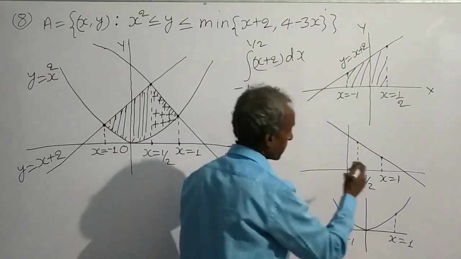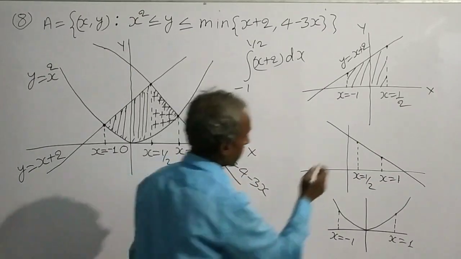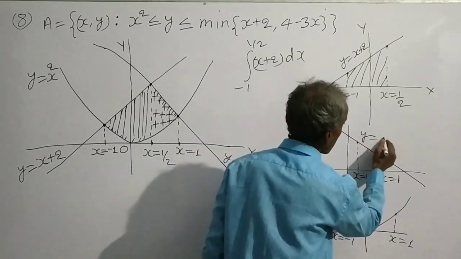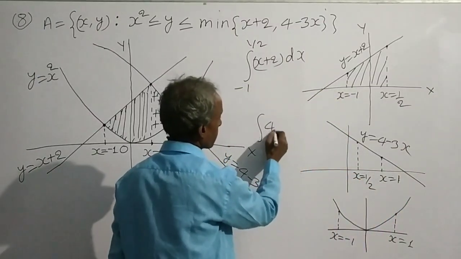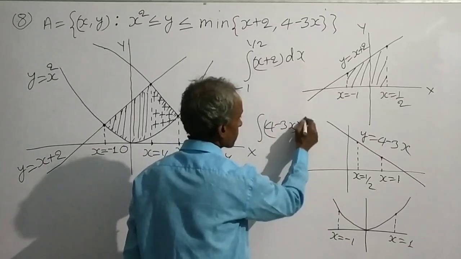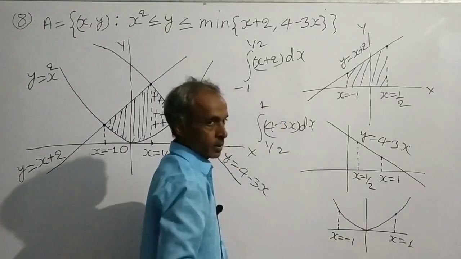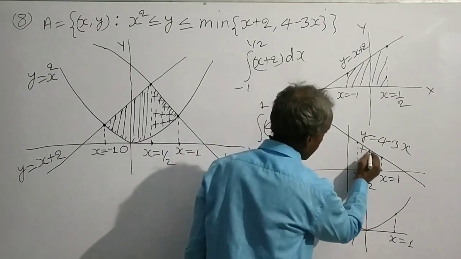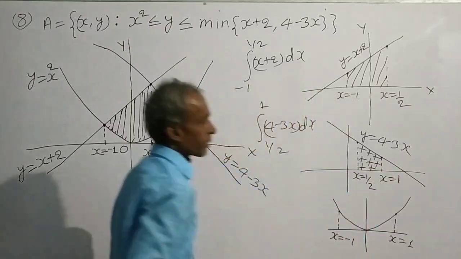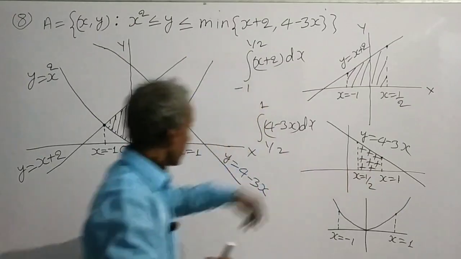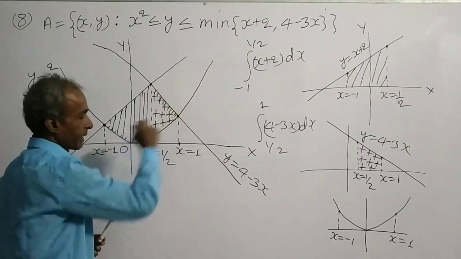Similarly, when this equation is y = 4 - 3x, and we write the integration of 4 - 3x dx from 1/2 to 1, we get this area. This area is more than the area shaded by the plus sign here.